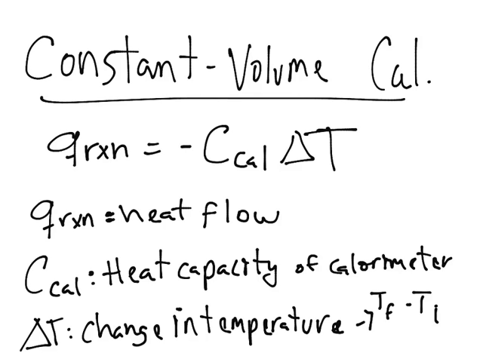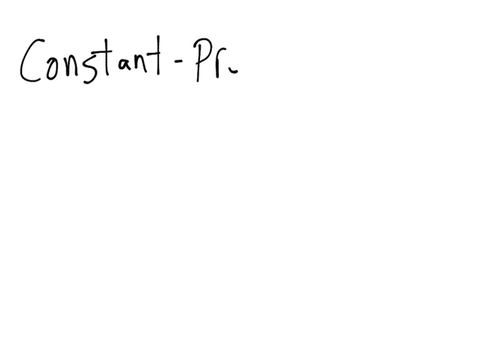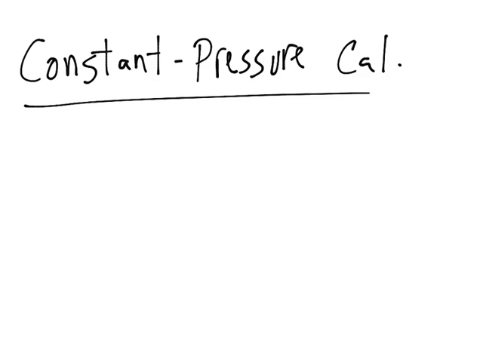Now we said that the other type of calorimeter is called a constant pressure calorimeter. And this type of calorimeter requires a little bit more stuff.